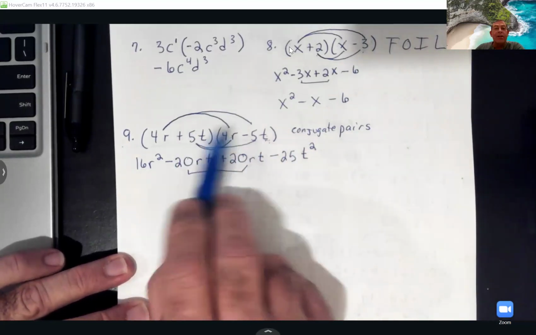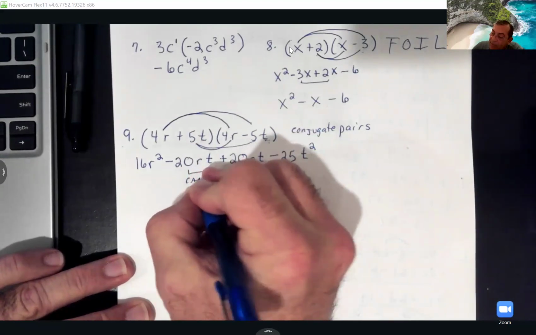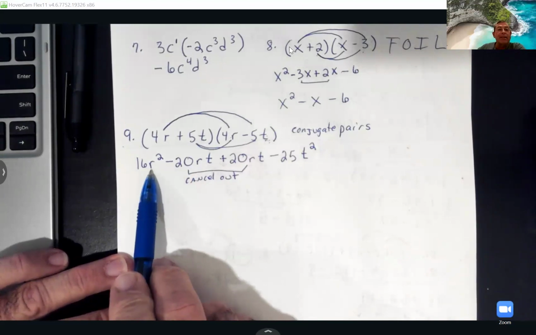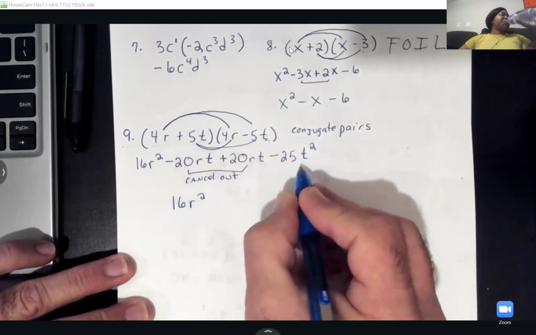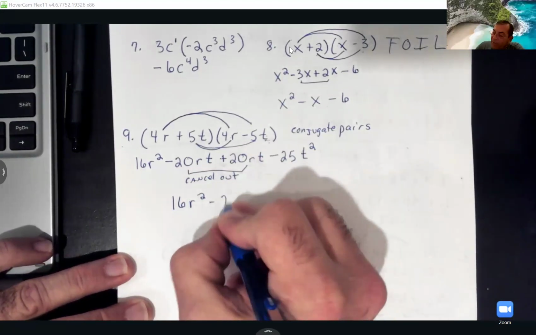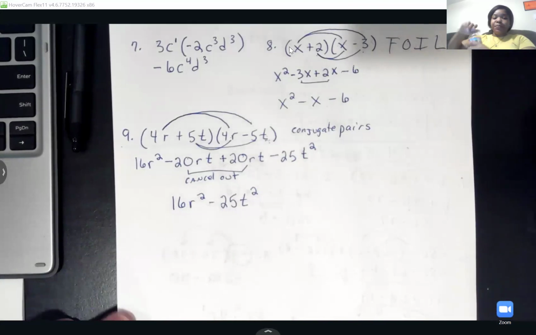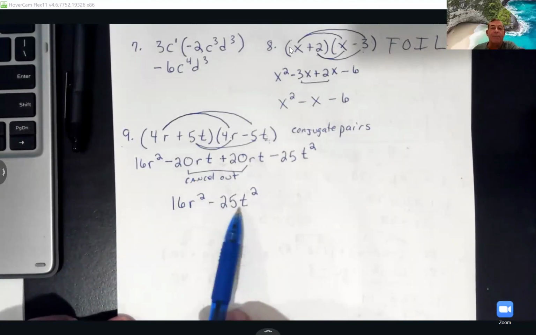When you got conjugate pairs like this, the middle terms are going to cancel out every time. So my final answer will be 16r squared minus 25t squared.